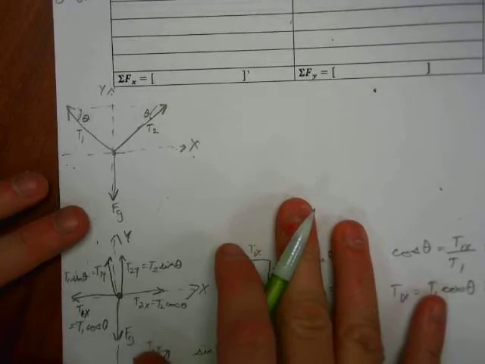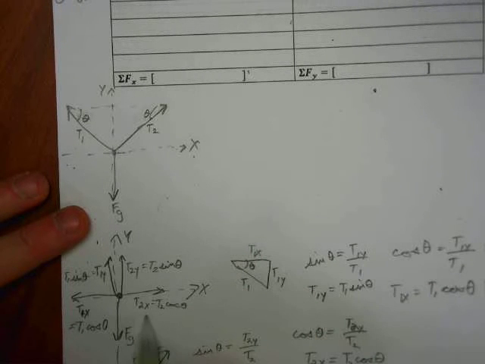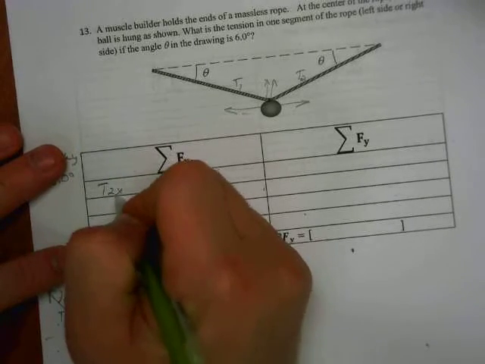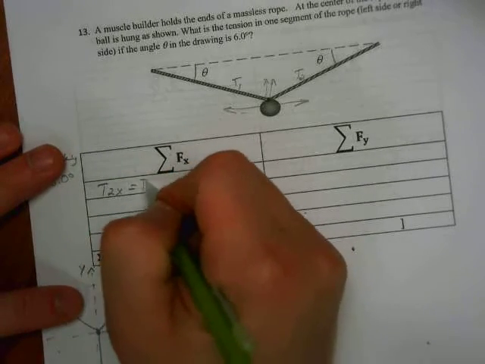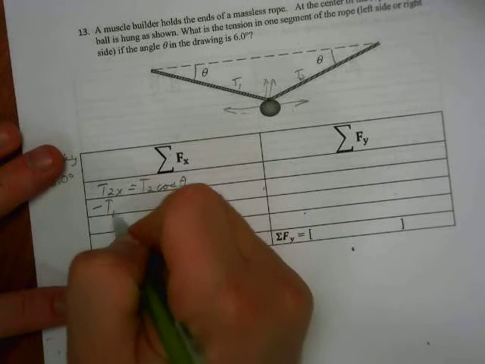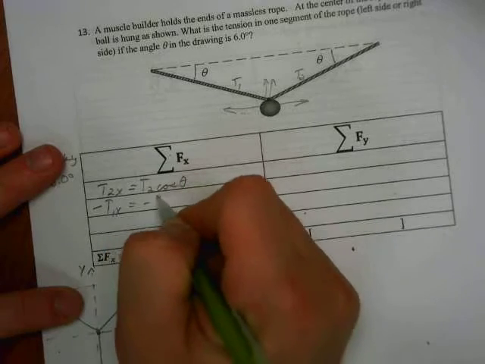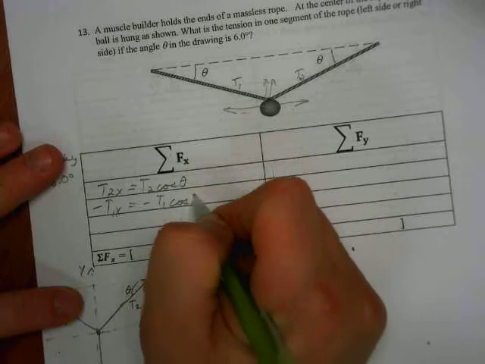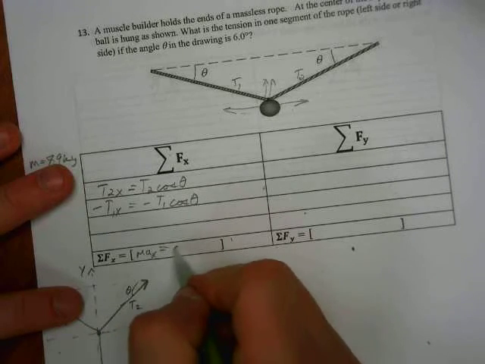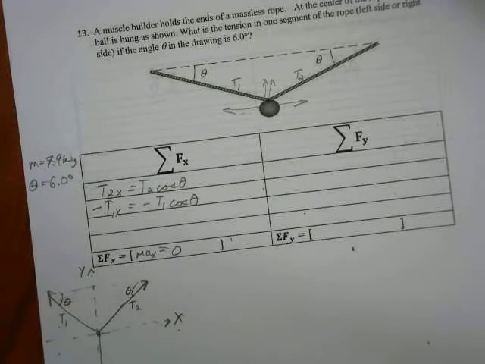So let's sum up all these forces. In the x direction, I have T2x and negative T1x. T2 cosine of theta, negative T1x, which equals negative T1 cosine of theta. And these all sum to max, and we know that equals 0 because there's no motion.